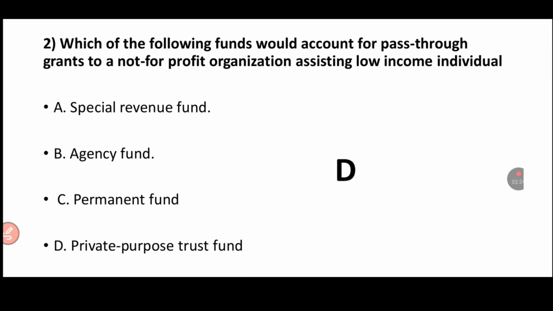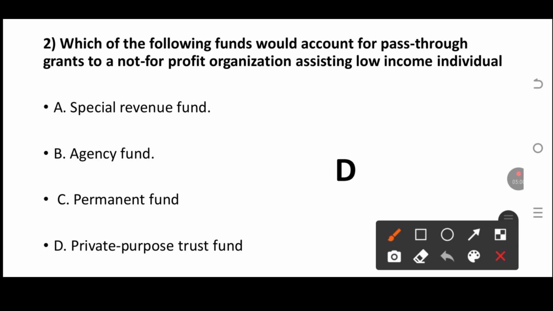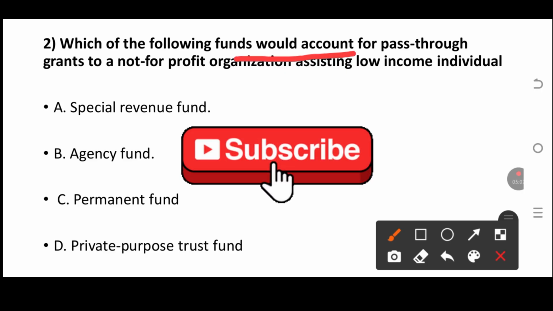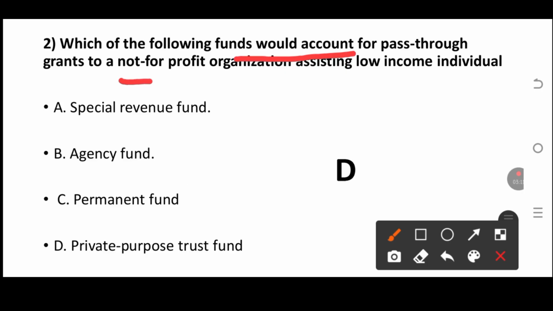Let's continue with the second question. It says, which of the following funds would account for pass-through grants to a non-profit organization assisting low-income individuals?